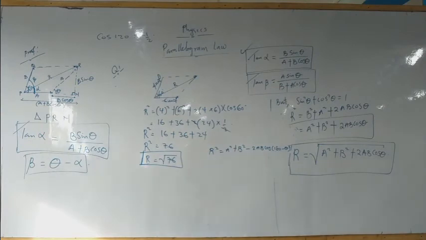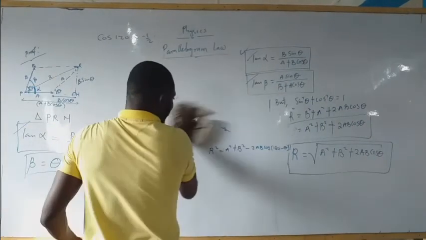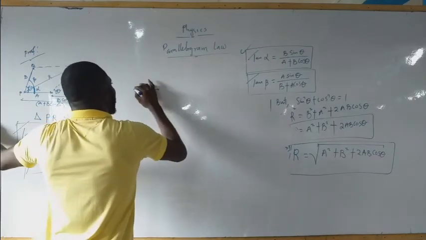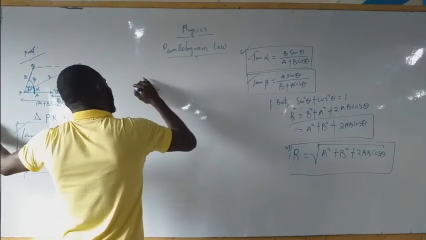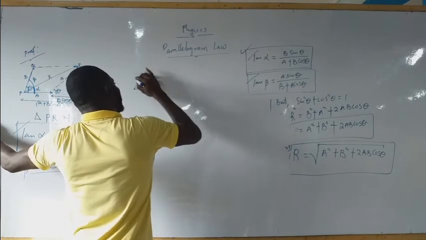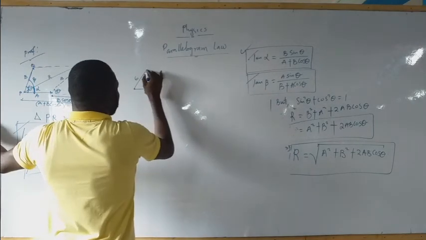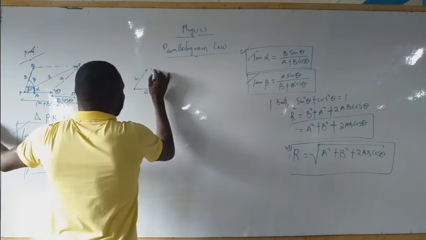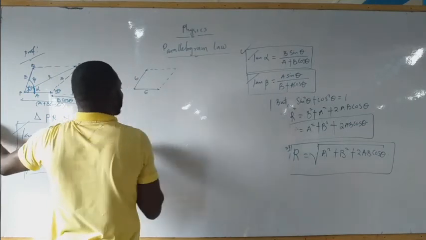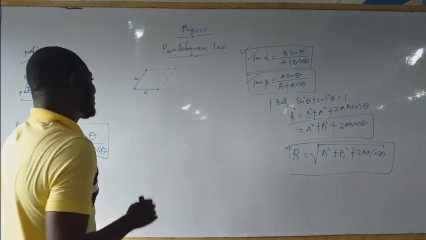Let's look at another question under this. Here both vectors have the same magnitude, 5 and 5.